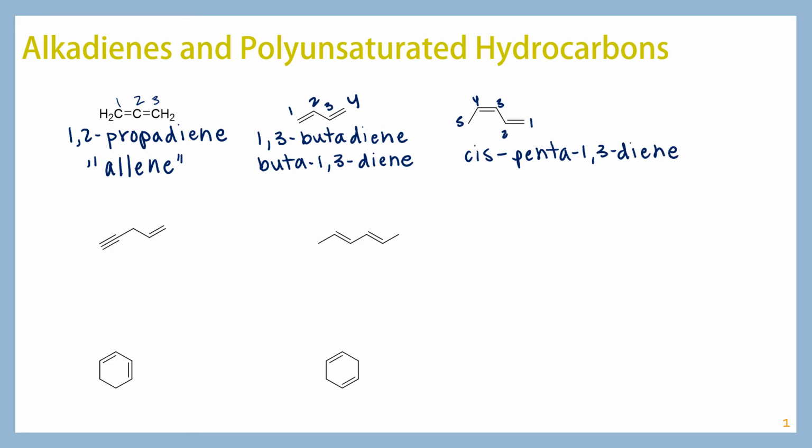But you could also say 3Z-penta-1,3-diene. So both ways are accurate. Using E and Z is never wrong. Sometimes cis and trans can be wrong.